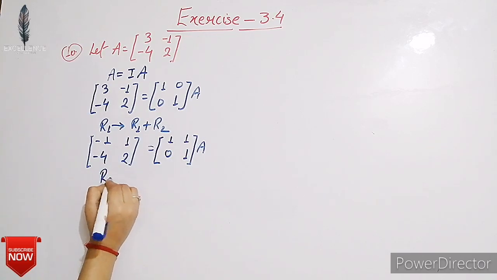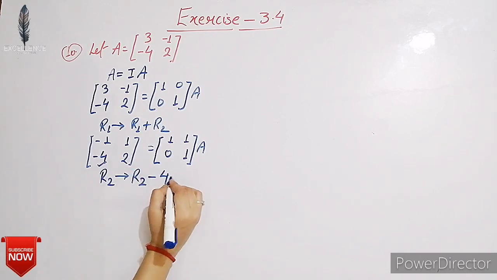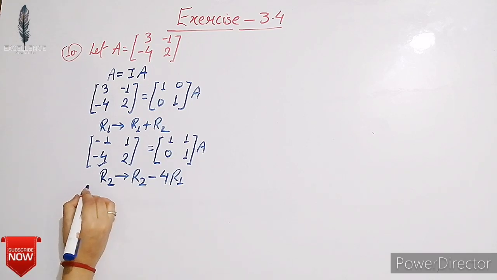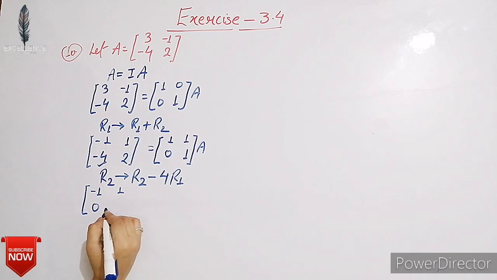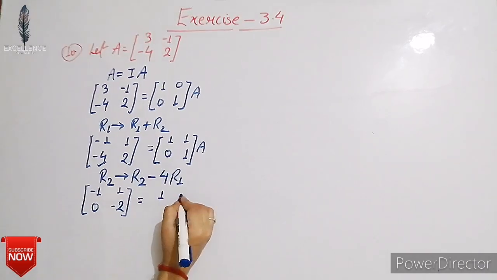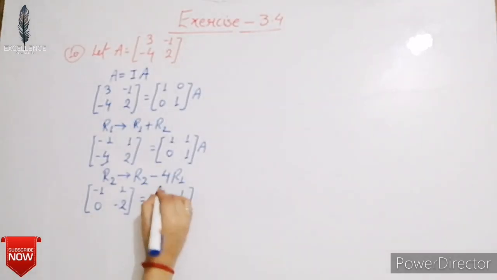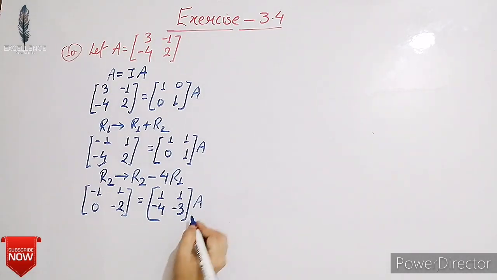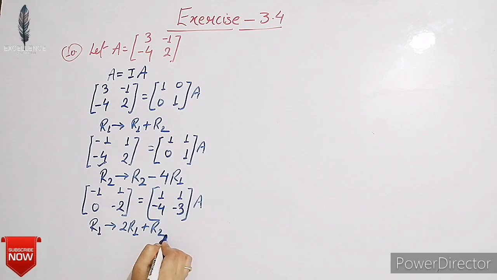Now R2 is such that R2 minus 4R1 to change it into 0. So we get minus 1 1 and it is 0 minus 2 is equals to R1 is same here 1 1 and R2 becomes minus 4 and it is minus 3 A. Now R1 is such that 2R1 plus R2 to change it 1 into 0.